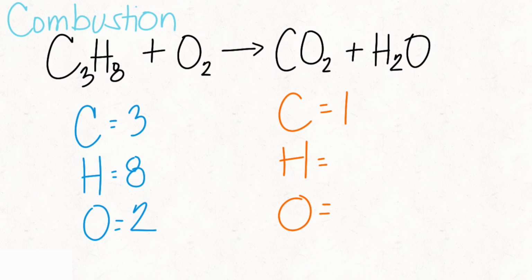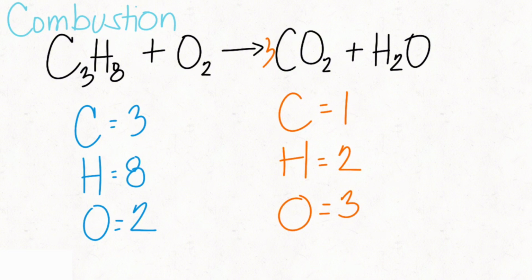On the other hand, on the product side, we have 1 carbon, 2 hydrogen, and 3 oxygen, 2 from CO2 and 1 from H2O. So once again, the equation is not yet balanced. The reactant has 3 carbons while the product has 1, the reactant has 8 hydrogen while the product has 2, and the reactant has 2 oxygen while the product has 3.